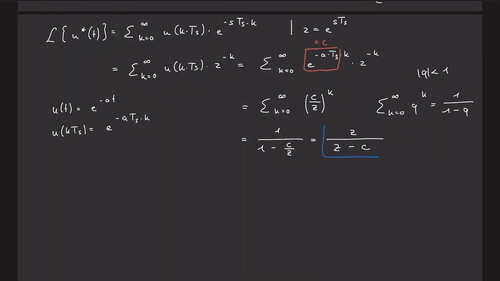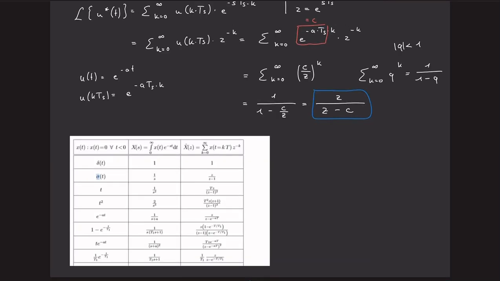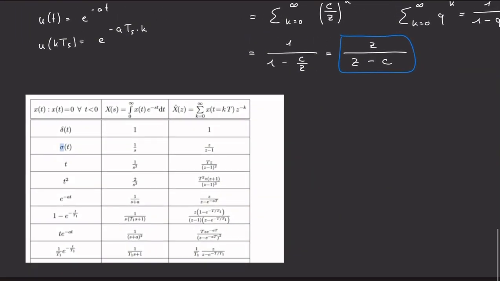And this right here is the z transform of our original function. Now, if you look up tables online, this is also exactly what we have given, if we take into account that we defined c as e to the power of a times our sample period.